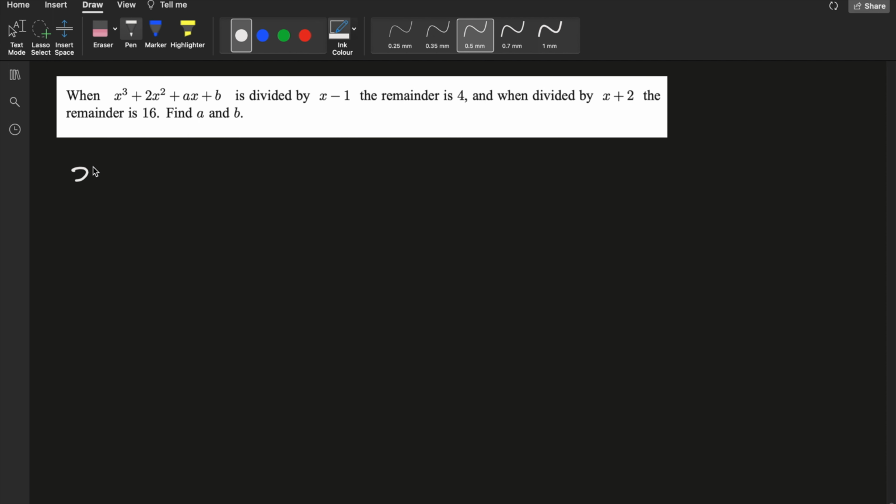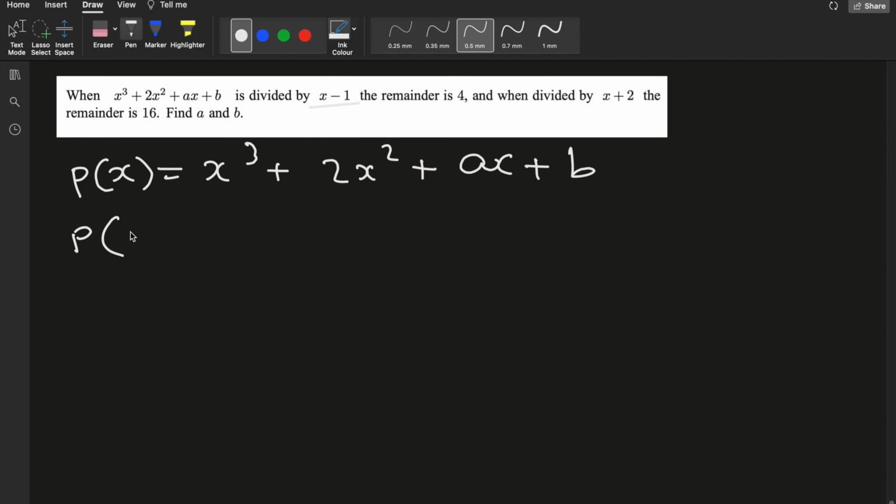So let's define p of x as x cubed plus 2x squared plus ax plus b. It's given that when the polynomial is divided by x minus 1, the remainder is 4. So it implies that p of 1 equals 4.